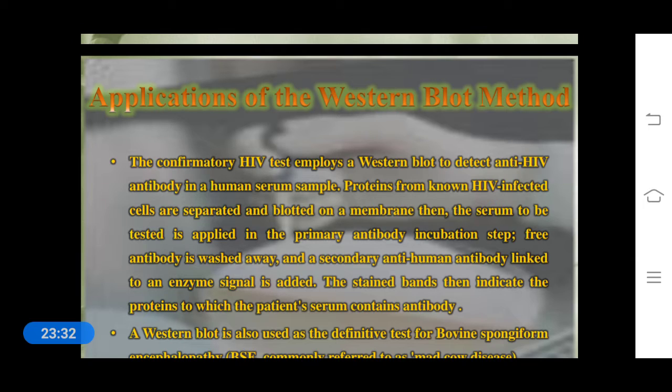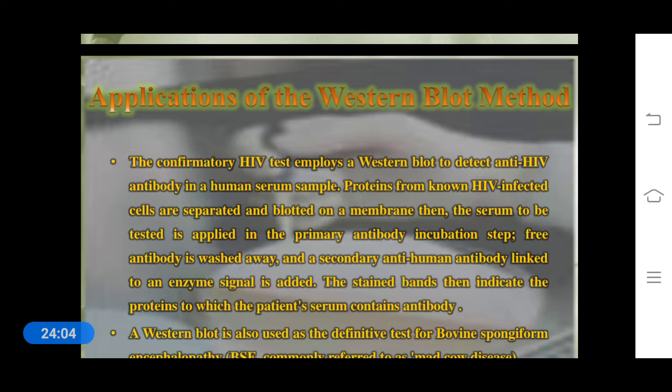So here the patient's sample acts as the secondary antibody. This is how a Western blot for the detection of HIV will be carried out. First, protein from non-HIV infected cells is separated and blotted on the membrane. The serum to be tested is applied as the primary antibody.